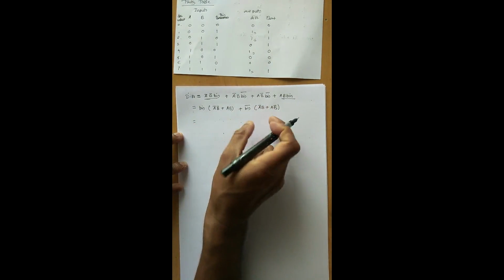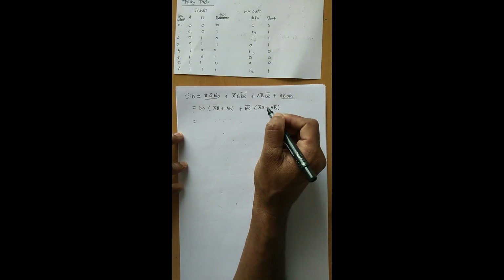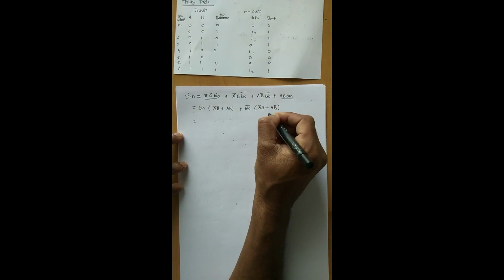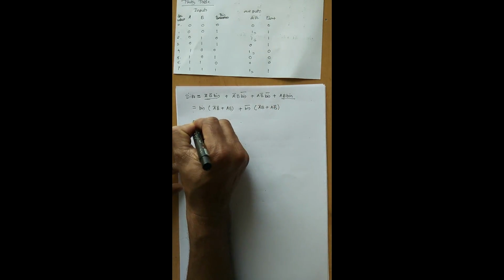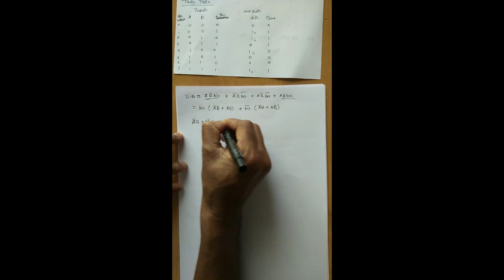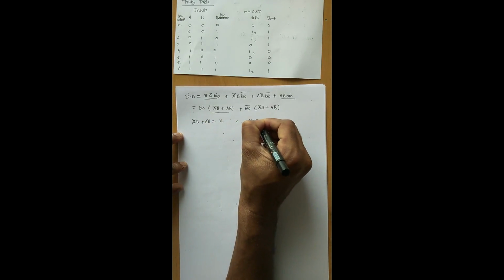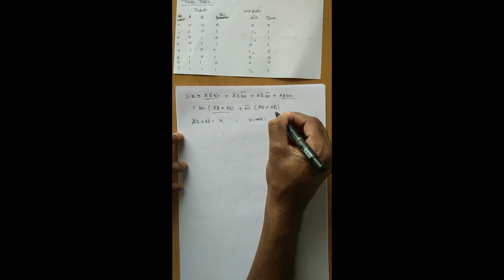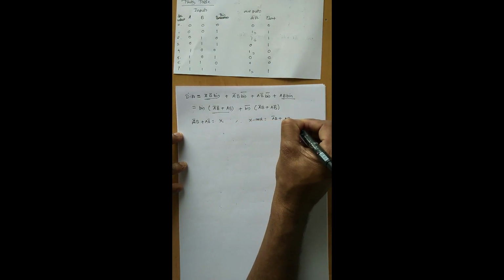Okay, once again we can apply here the XOR rule. So assume A bar B plus AB bar is equal to X, and this is nothing but the exclusive NOR gate output, which is A bar B plus AB.